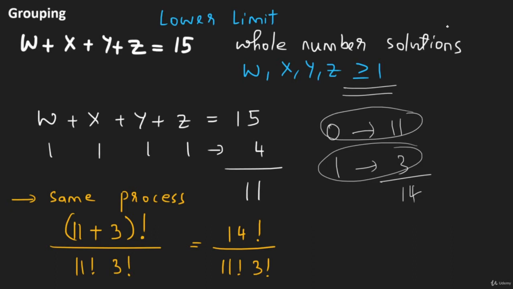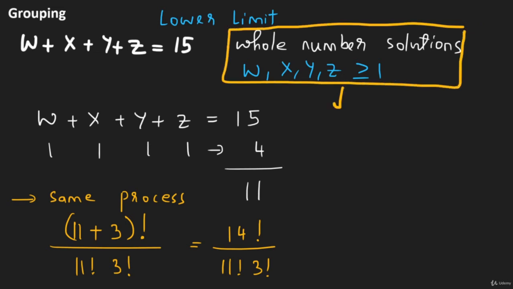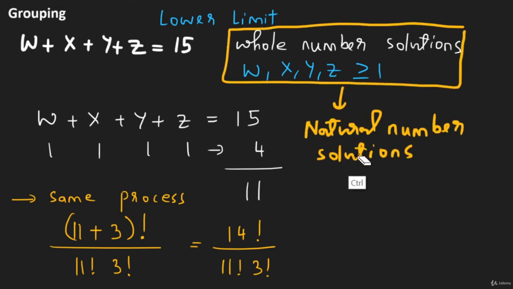Now you can notice that over here, instead of writing whole numbers such that each of these is greater than or equal to 1, in the question it could also have been mentioned that we just need to find natural numbers as solutions, because natural numbers are numbers that start from 1, that is 1, 2, etc. Alright, and if you are given this as the criteria, the solution is 14 factorial divided by 11 factorial into 3 factorial, and you can also note that this is equal to 14C3.